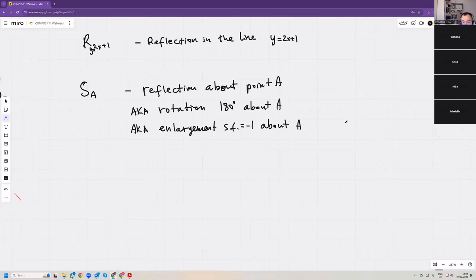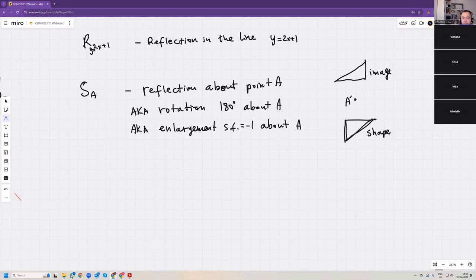So if you have a shape, for example like this, and you have a point, all the points are reflected like this. So that would be a point reflection. So this is point A. This is the shape, and this is the image.